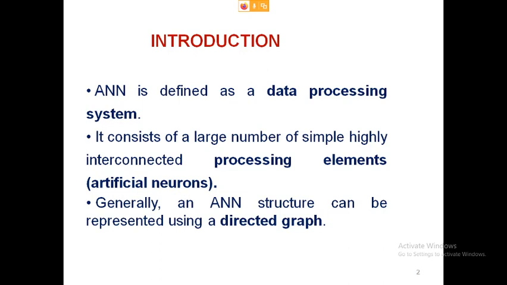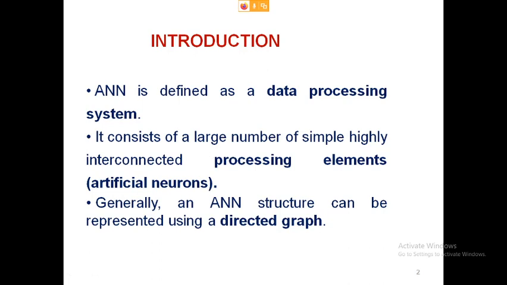They work in a parallel and distributed manner. The information will be distributed and the connections will be highly parallel connections. A large number of simple, highly interconnected processing elements, those processing elements in this ANN are called the artificial neurons. The system is nothing but the processing system.